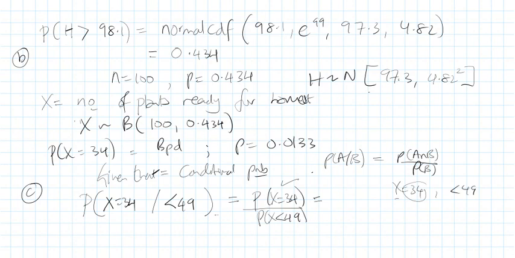So it's P of A over P of B, and X equal to 34 you already found, 0.133.